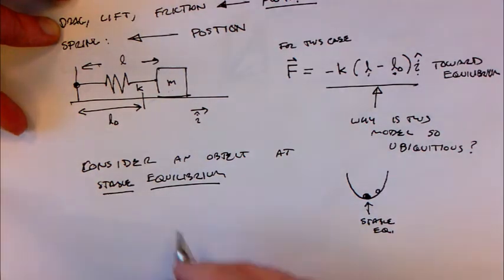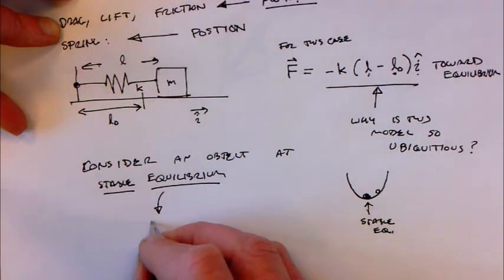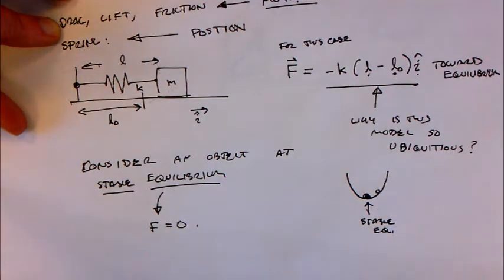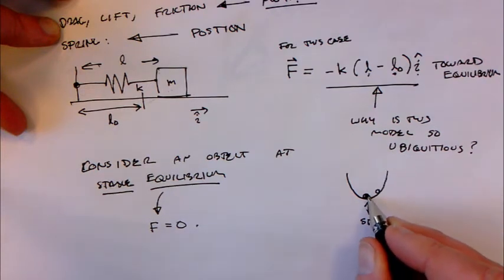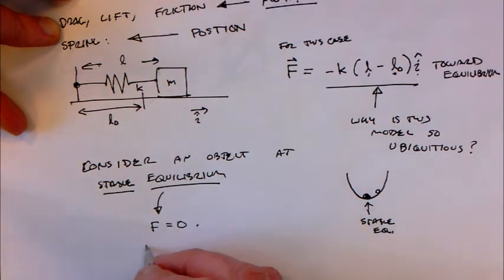Now, if an object's at stable equilibrium, what does that mean about the net force on the object? Well, it's not moving, so that means that the net force on the object must be 0. Well, let's imagine displacing the object a little bit away from that equilibrium point.